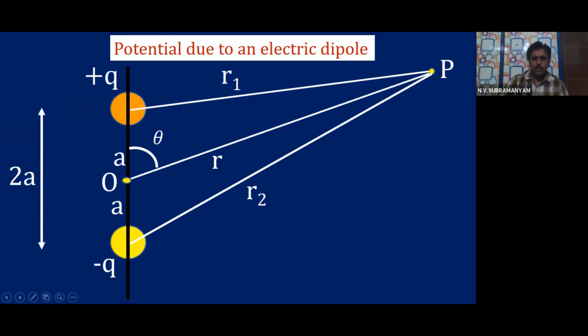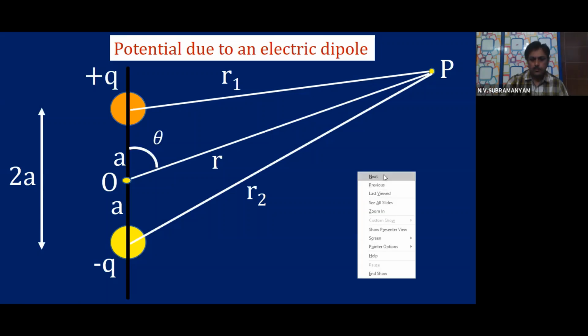So the figure is like this: plus q, minus q, and the point is taken. And this is the angle. This line is actually p bar. I told you, minus q to plus q, and this is r.